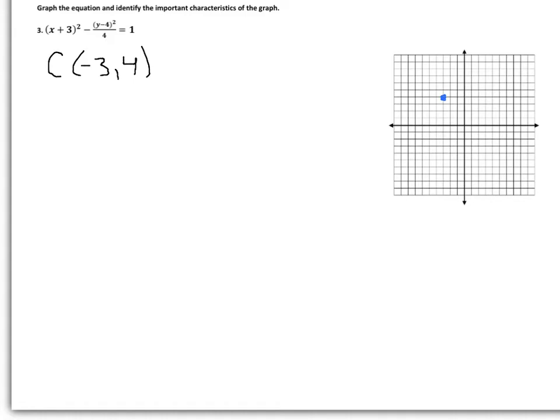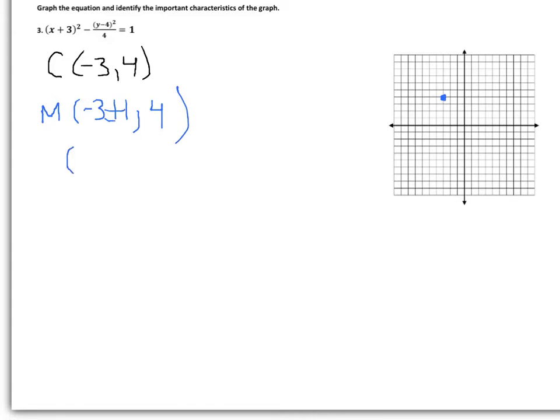And then to figure out the major vertices and the minor vertices, x comes first, so these are the major. So you go -3 plus or minus 1 comma k, which is 4.